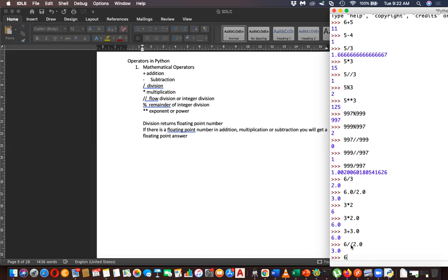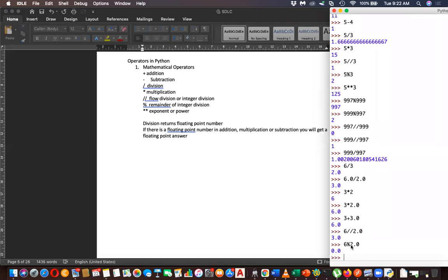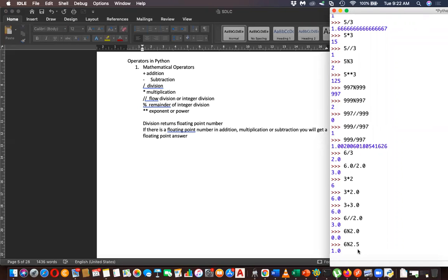And 6 modulus 2.0, again you will get that. But if you use something like 2.5, what will happen? 6 modulus 2.5, what is the answer?